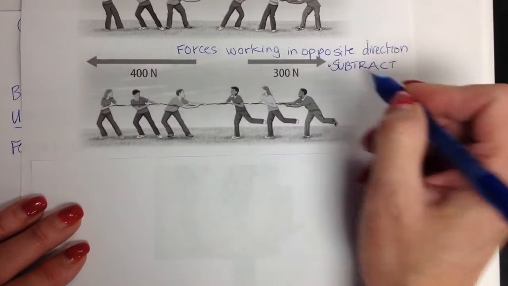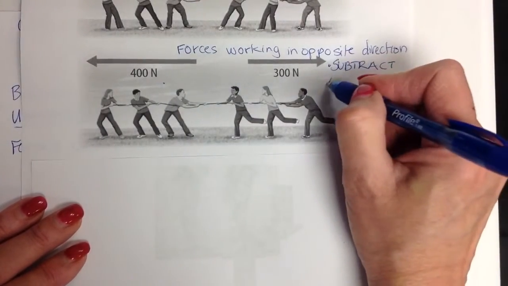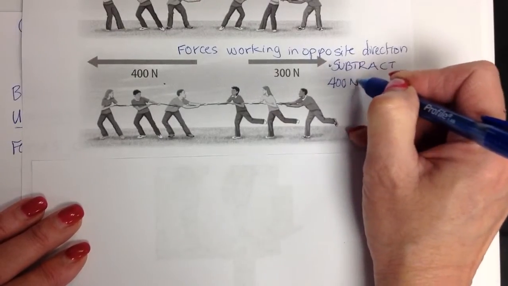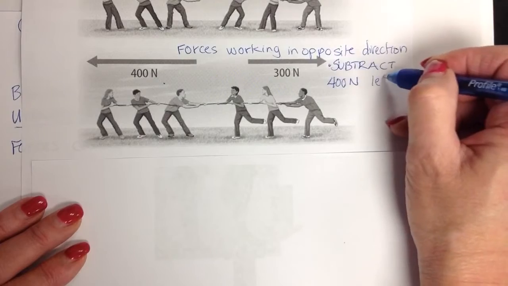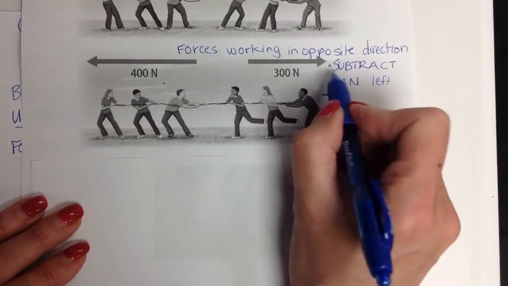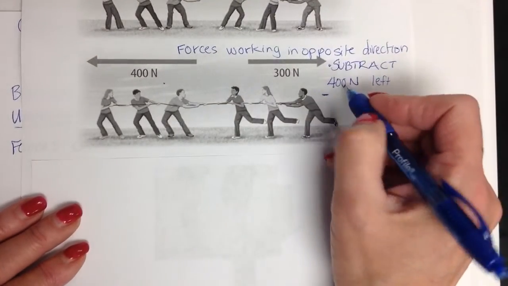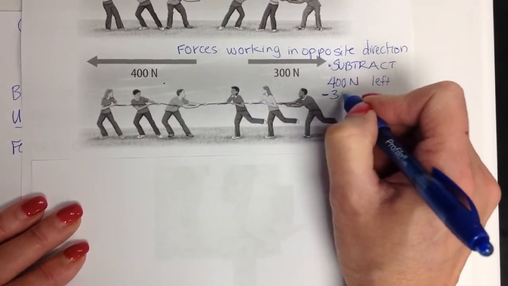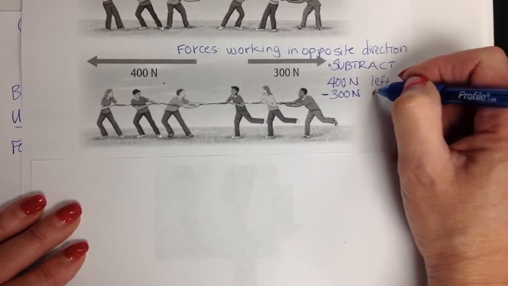So let's see here. We're always going to take the higher number, 400 newtons. The direction this is moving is to the left. And we have minus the opposing force, or the force working opposite the 400, which is the 300 newtons, and it is working to the right.